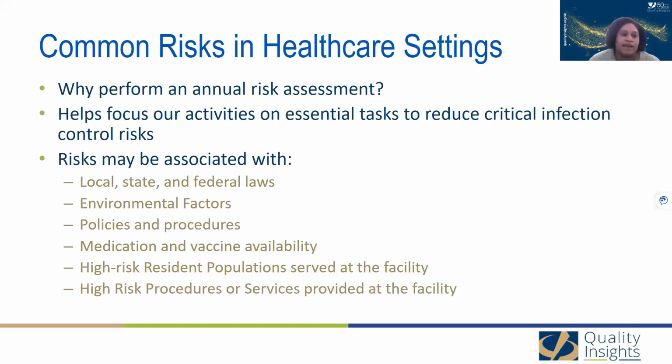Things like that. Look at your policies and procedures, medication and vaccine availability, any high-risk resident populations served at your facility, or high-risk procedures or services, like maybe hemodialysis within the facility, that may cause a risk in infection control.